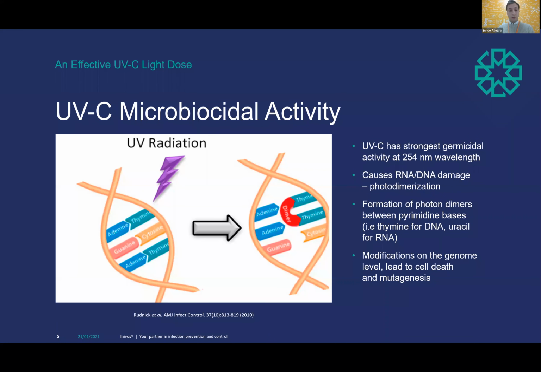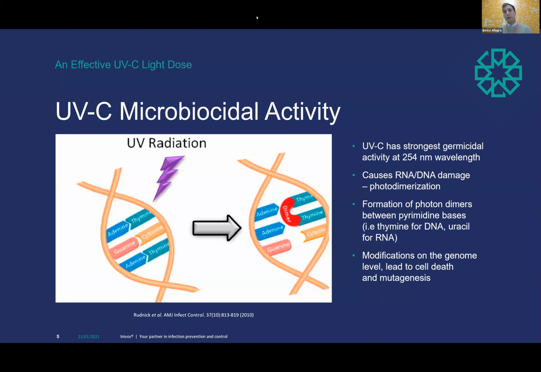So germicidal efficacy with UVC light is due to a process called photodimerization. What this means is that UVC will penetrate the nuclei and interact directly with the nucleic acids of various organisms, i.e. DNA or RNA, and it will cause dimers between pyrimidine bases.